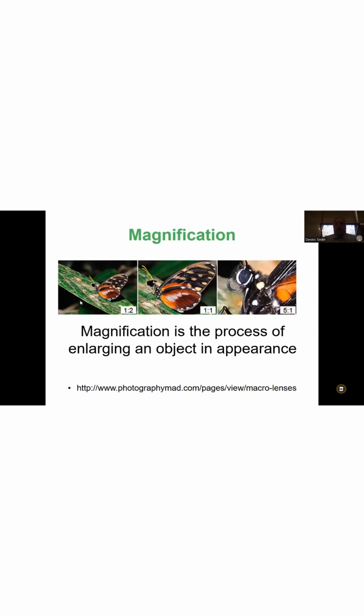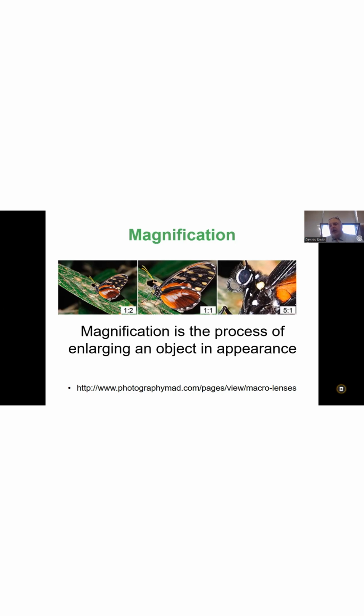So you can see here magnification. You have this butterfly here. The ratio is 1:2. At 1:1, you get a little bit closer. You can see a little bit better detail here. You can see that there are lines here a little bit more clearly delineated than you can see here. But then you go to 5:1, and now you can see literally the little hairs off the head of the butterfly.